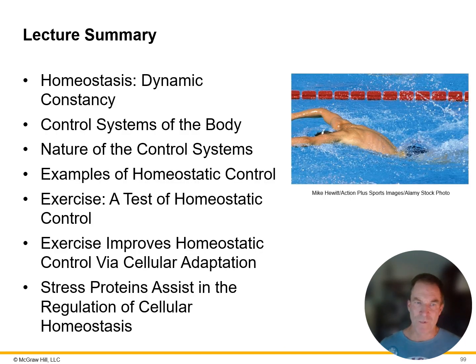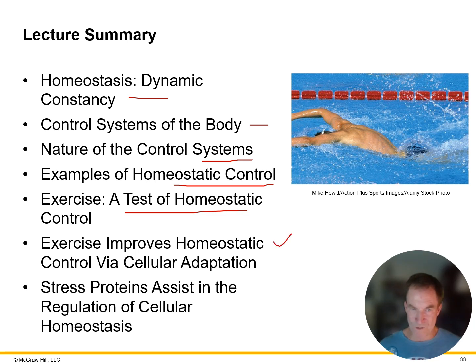So remember there was something on the dynamic consistency or constancy of homeostasis. What were the biological control systems in our body, the nature of those control systems, positive and negative feedback, examples of a homeostatic control, the test of a homeostatic control. So that was moderate exercise in a cool environment versus high intensity exercise in a hot environment.